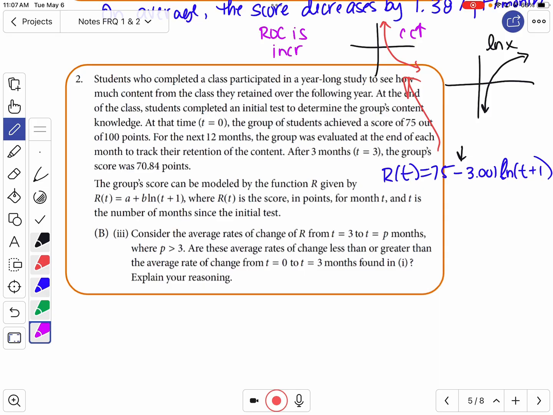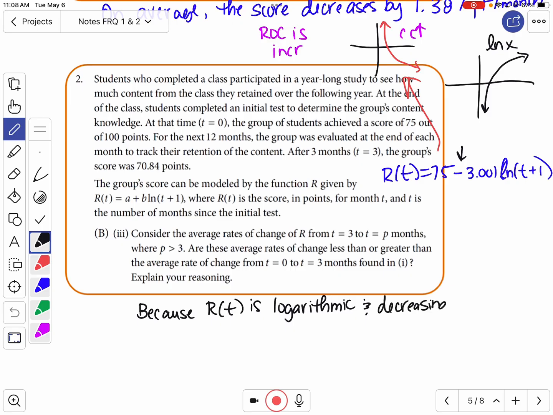So this is about really knowing the math. Here's what we would say. We got to take all of that we figured out and explain what we think, and answer the question: are the average rates of change less than or greater than? So we would say: because R of T is logarithmic, and it's a decreasing logarithm, the graph is concave up.